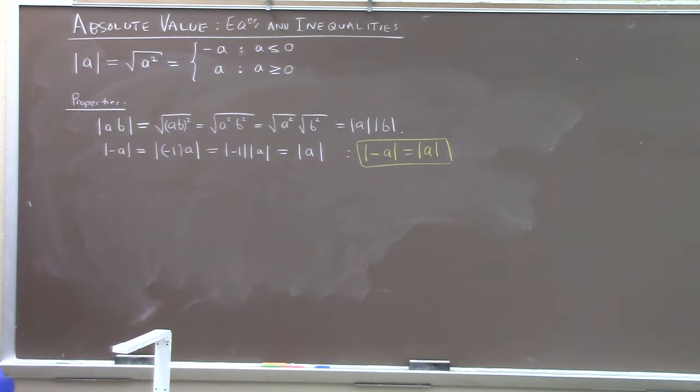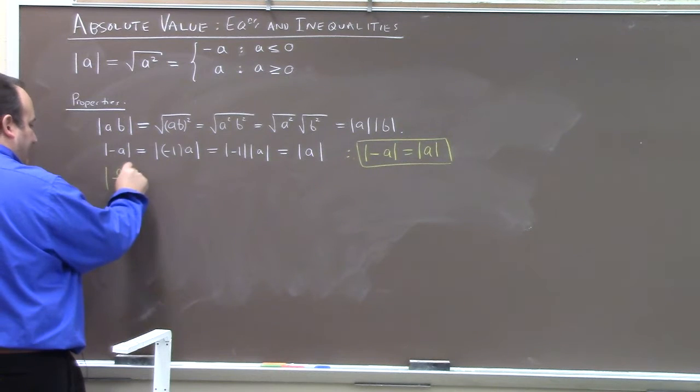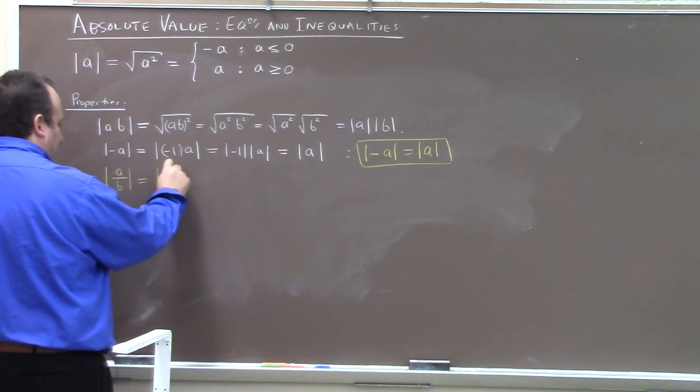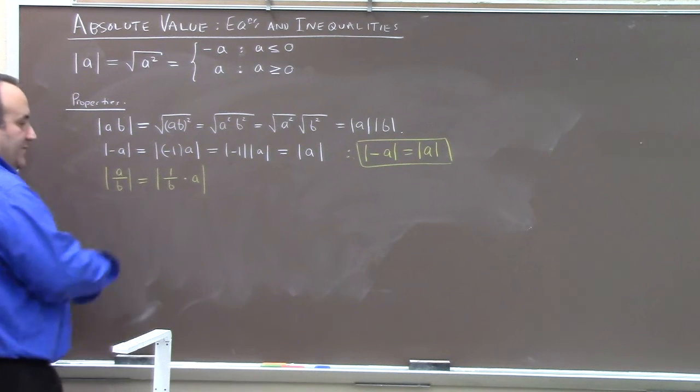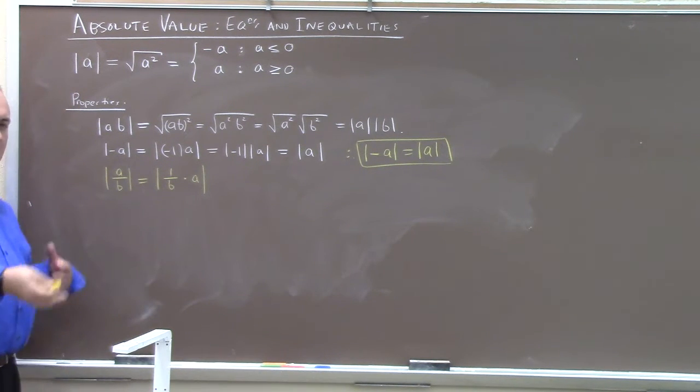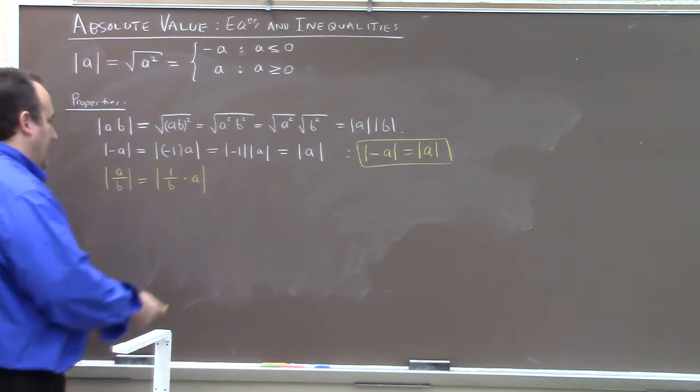Just gone, right? And we also have, if you have the absolute value of a over b, well, that's the absolute value of 1 over b times a, right? That's what a over b means. You can say it's multiplication of a by the reciprocal of b, another way to look at it.